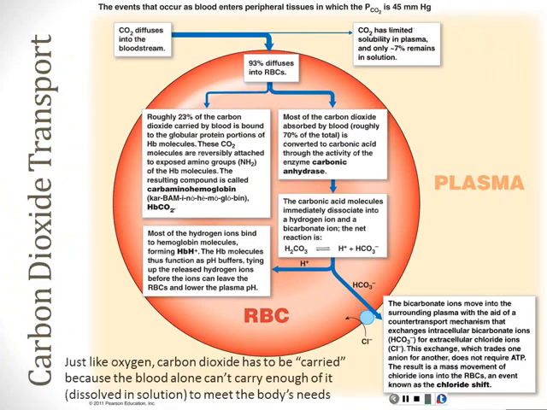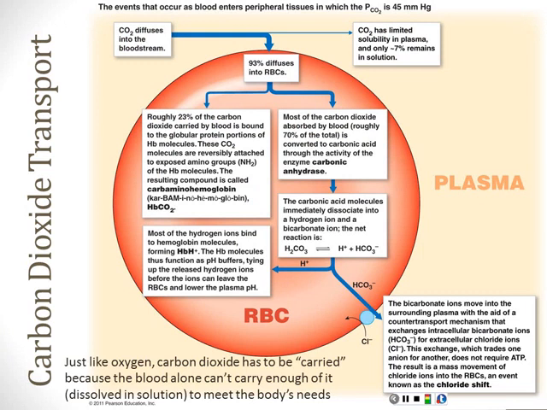Okay. So that's oxygen transport. Hemoglobin is the star of that story, right? Well, we also have to move carbon dioxide around. And unfortunately, it isn't as simple as moving oxygen around. We don't have a hemoglobin molecule for carbon dioxide. So CO2 is produced in all the cells, right?